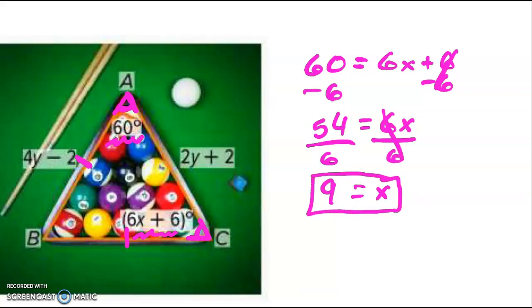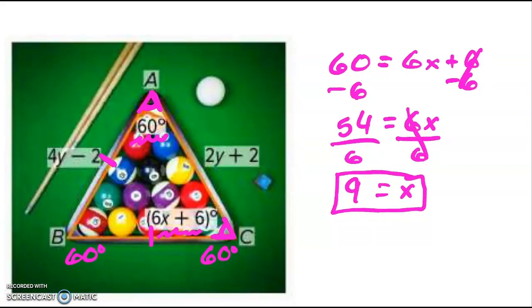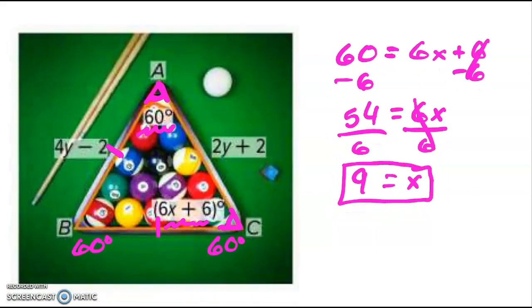So then to go ahead and find y, well, what we found out right now is, all right, if the angle at angle A is 60, angle C's got to be 60. So what does that tell us about angle B? It's got to be 60 as well. It's an equilateral triangle. So once I know that, and I have to go find my y now, well, now I know all three sides are congruent.